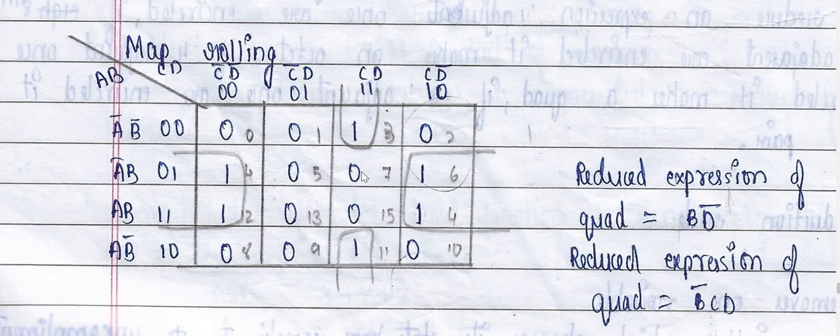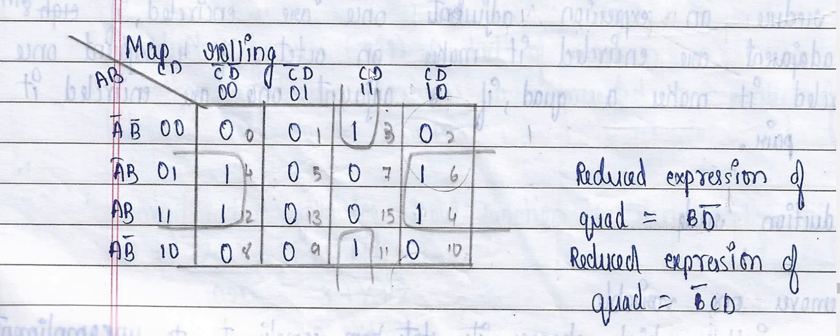Then what will be the reduced expression of this pair? Consider the left side of that pair. A bar B bar, AB bar. Which is changing? A bar is changing to A. So B bar will be there. You write that B bar. Then consider the top side.